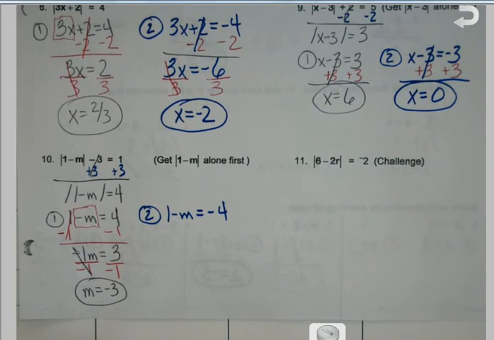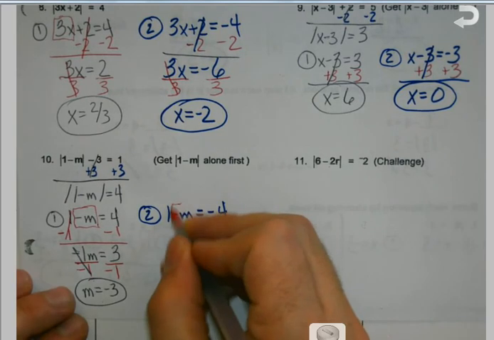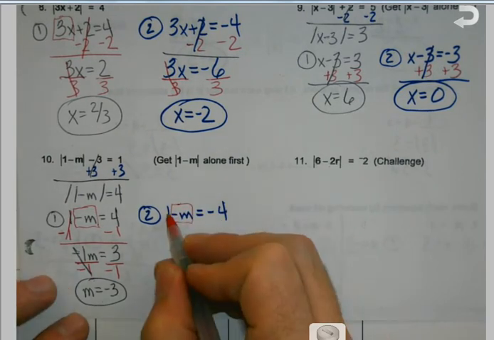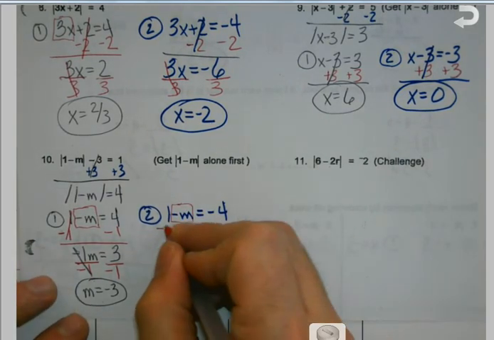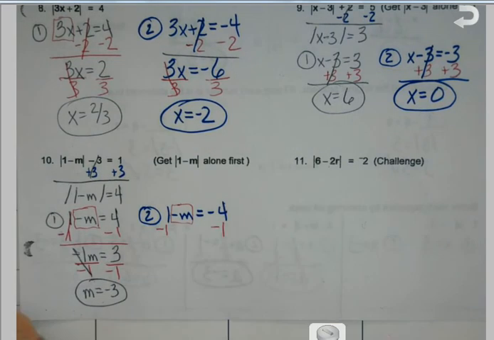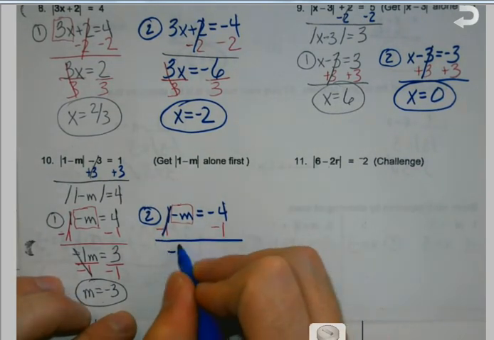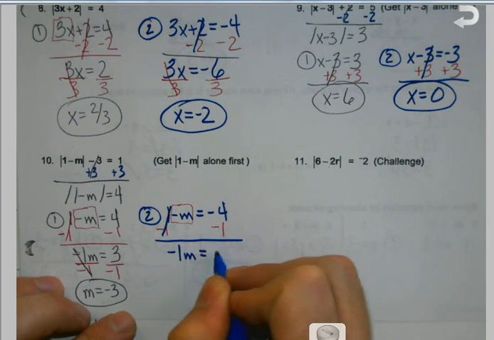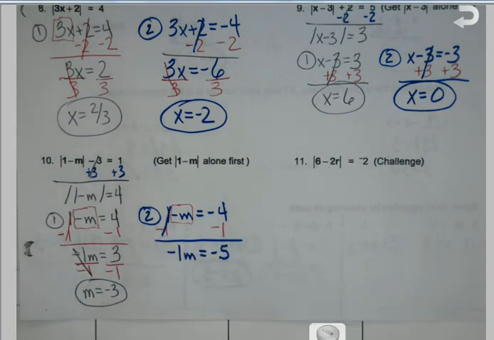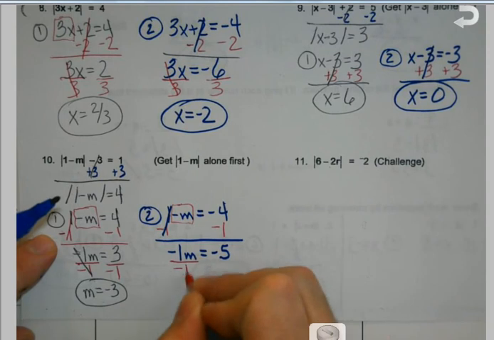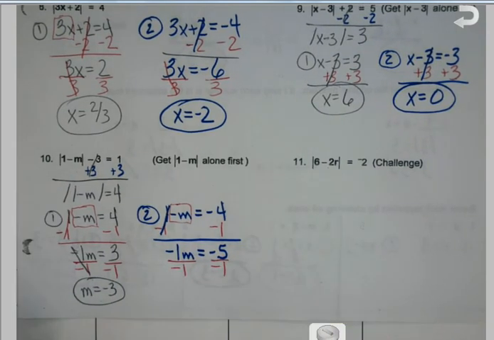And so I'm going to do that exact same thing on both of these. My positive 1 that I'm adding here, I'll just minus to both sides. And then I'll just divide by the negative 1 that I'm multiplying times my m.